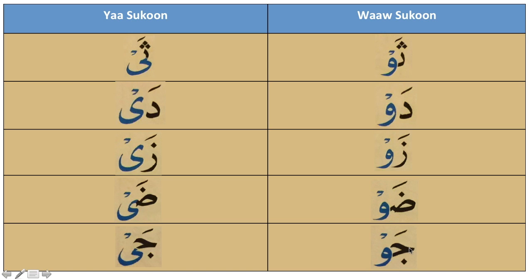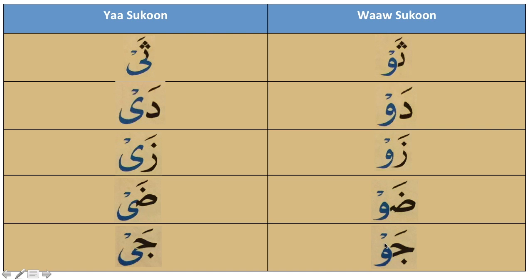Next we have جيم فتحة واو سكون, جو. جيم فتحة يا سكون, جي. جو جي. So we have ja and then an u, jow. Jim fatha is one movement, aw is the second movement. The aw elongation is equal to one movement.